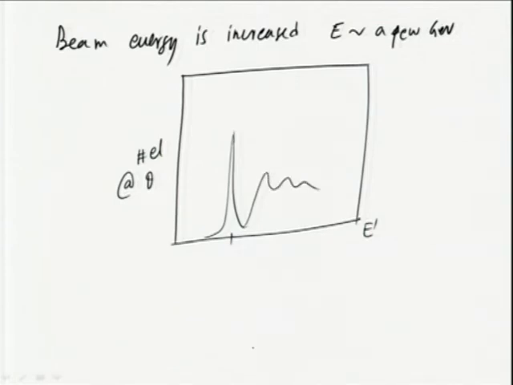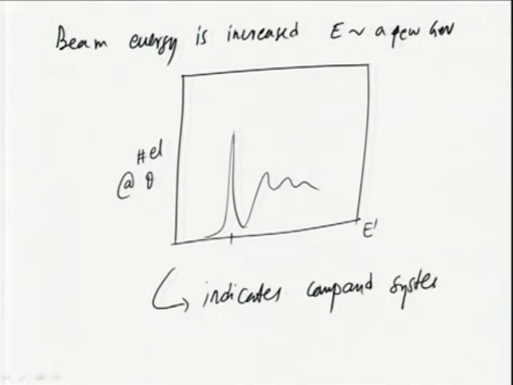This is characteristic of a compound system. So, this indicates a compound system. We will see that the nucleon, the proton, is not a point particle, but it is a compound particle. Okay, so that is one thing.